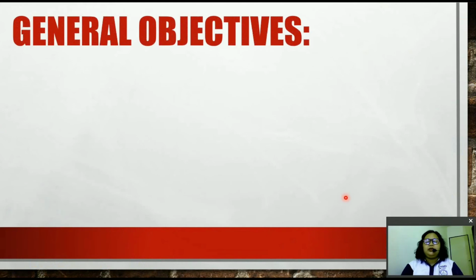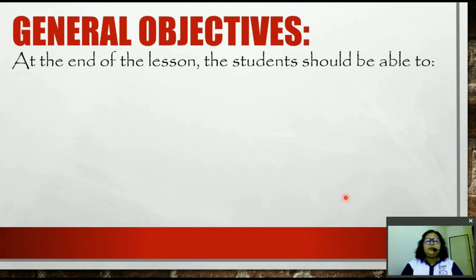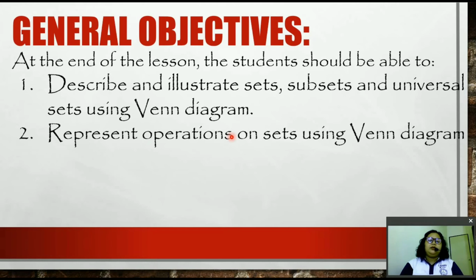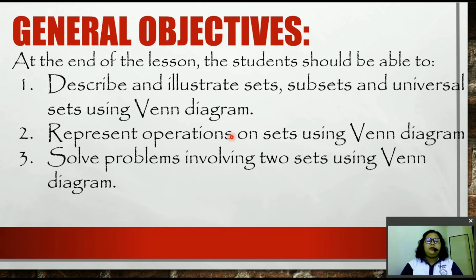So the general objectives for Module 3, at the end of the lesson, the student should be able to: number 1, describe and illustrate sets, subsets, and universal sets using Venn diagram. Next, represent operations on sets using Venn diagram. 3.